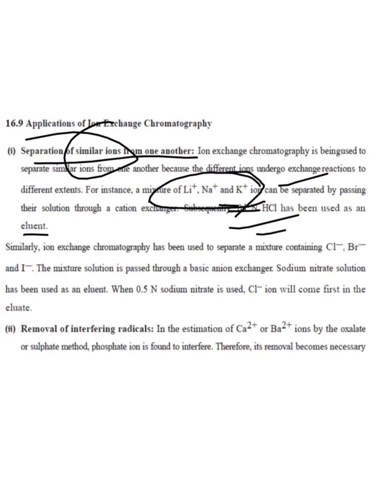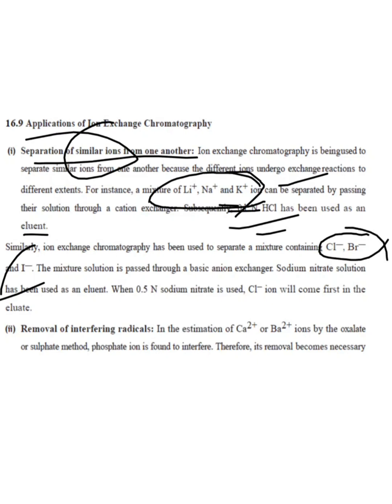These are the examples for the separation using a cation exchanger, and chlorine, bromine and iodine are used with anion exchanger resins.